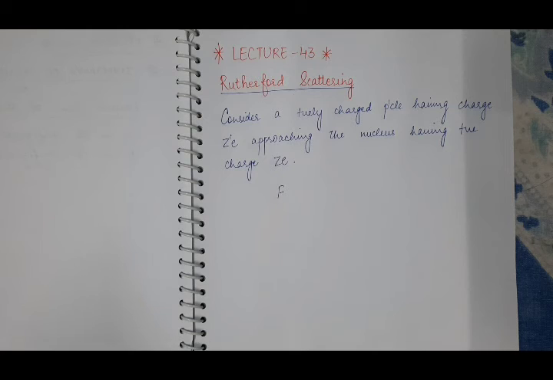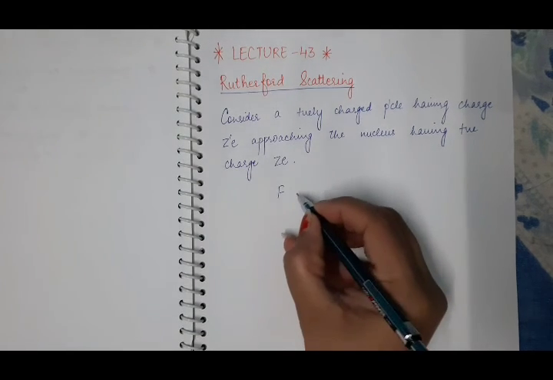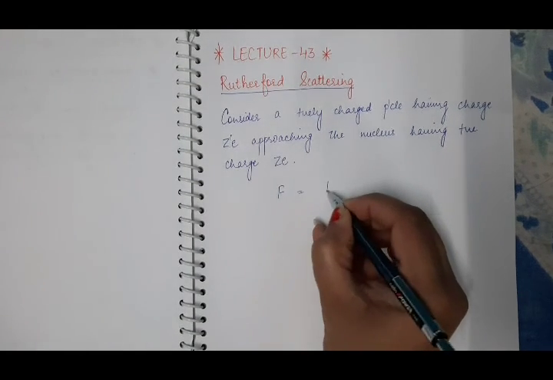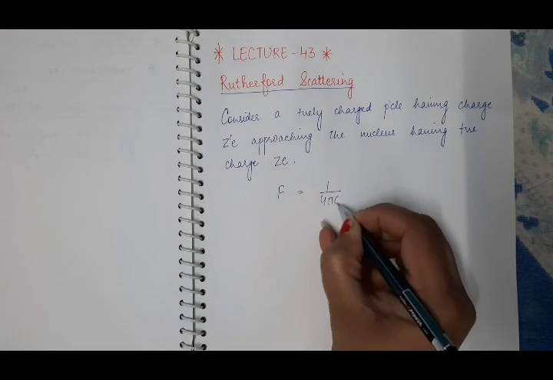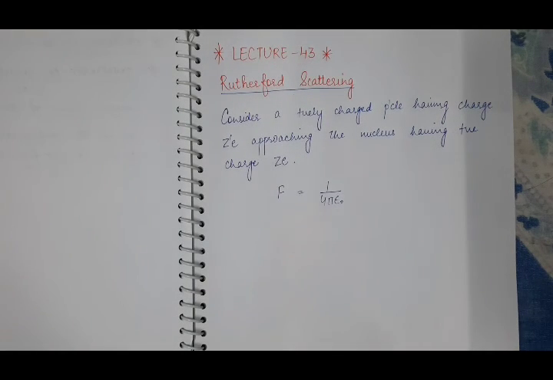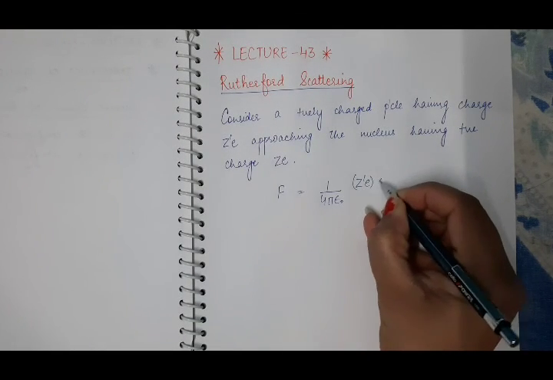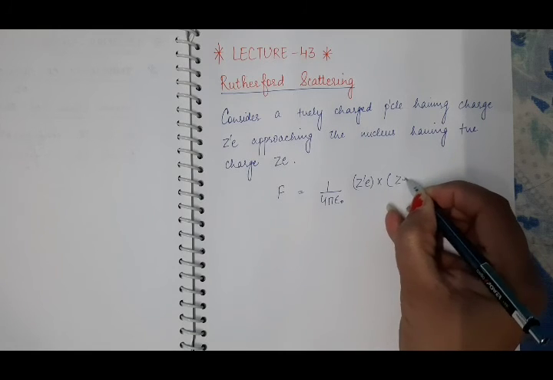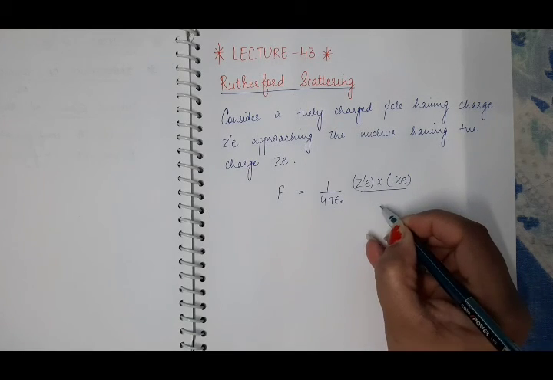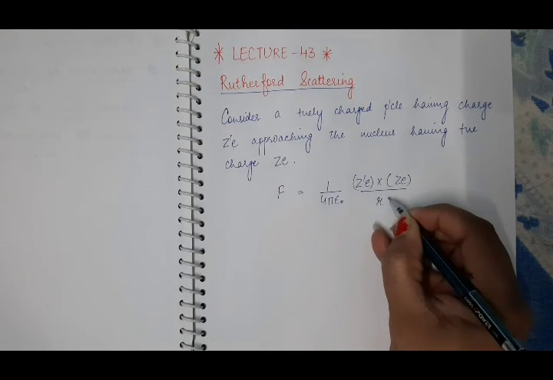the positively charged nucleus. So according to Coulomb's law, this force F will be given by 1 by 4 pi epsilon naught Q1 Q2 by R square. Charge on the positively charged particle is Ze, into charge on the nucleus Ze, upon, suppose the distance between them is R, so R square.